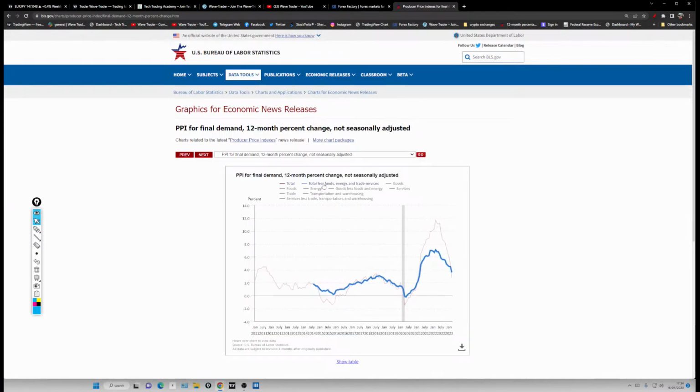PPI 12 month final demand, right? So percentage change, not seasonally adjusted. We can see over there it peaked at 12%, all right? And right now it's close to 3%. So PPI is falling very, very aggressively.